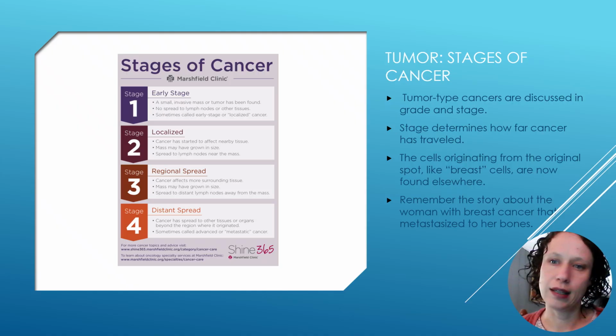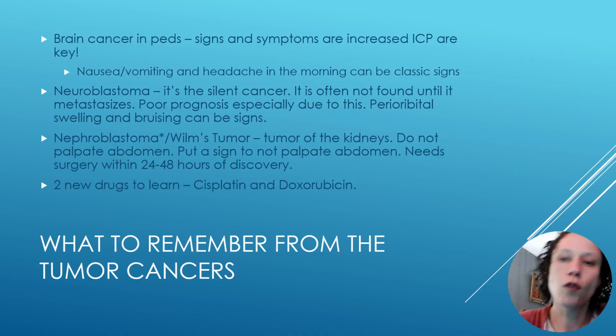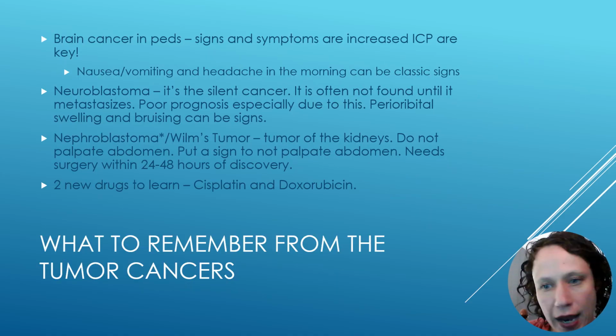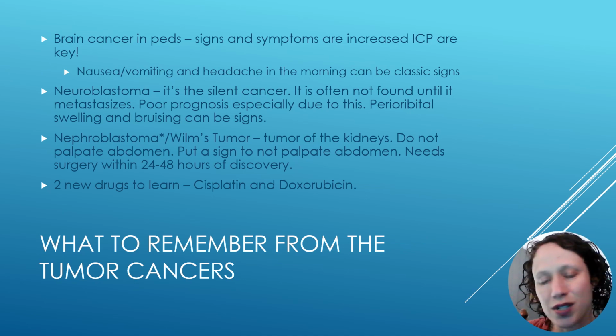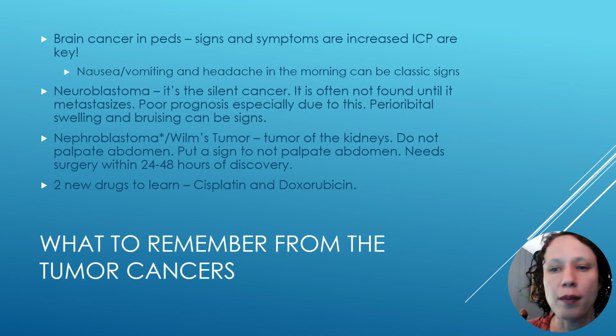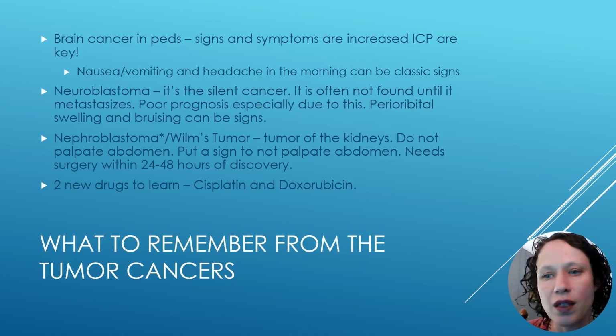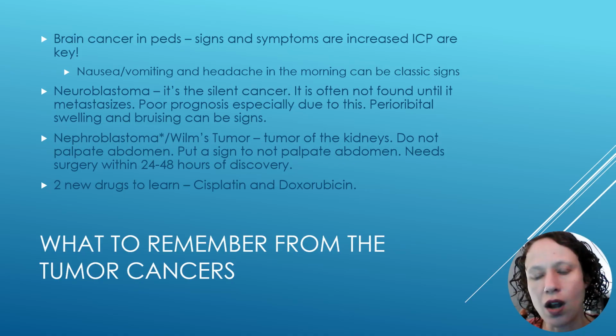So let's go over what we need to know for our tumor cancers. Of the three main ones that we talked about, we talked briefly about brain cancer. Why did I only talk briefly about it? Well, one, there are many different types, and it is a deep rabbit hole. But the key things that you need to know, you already know.